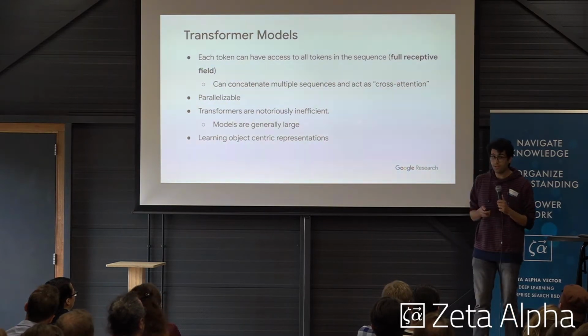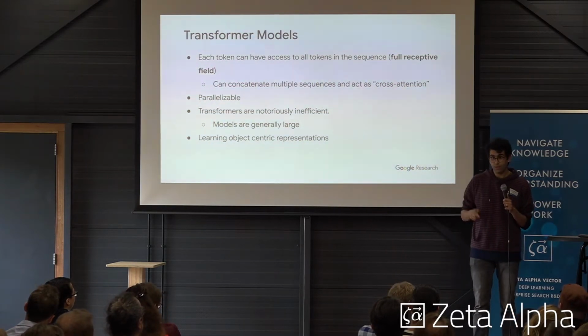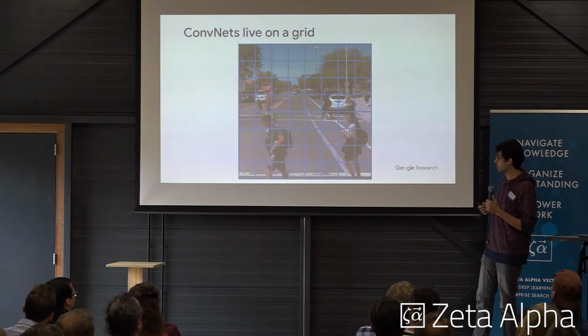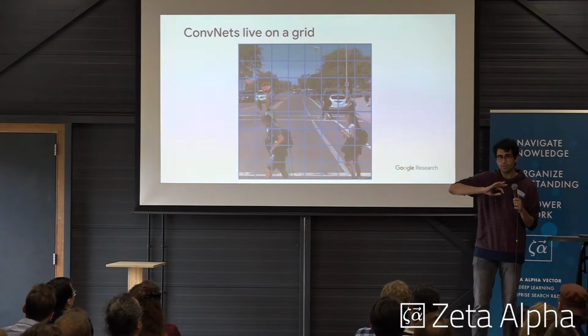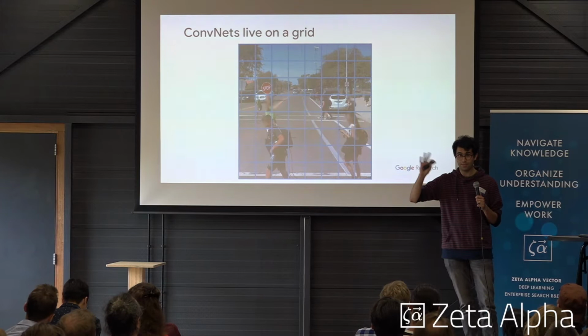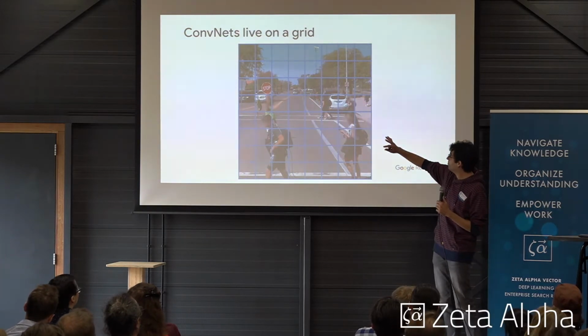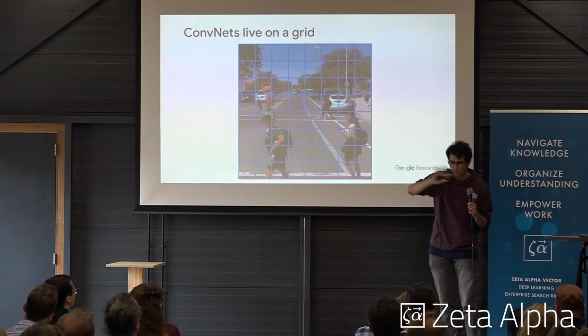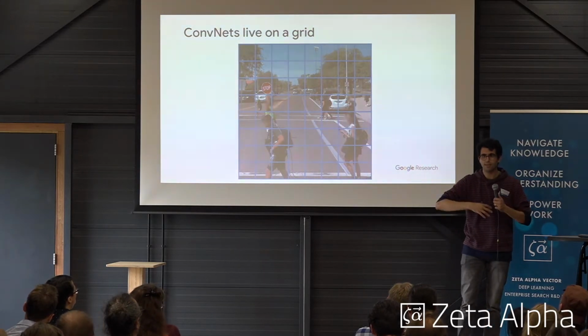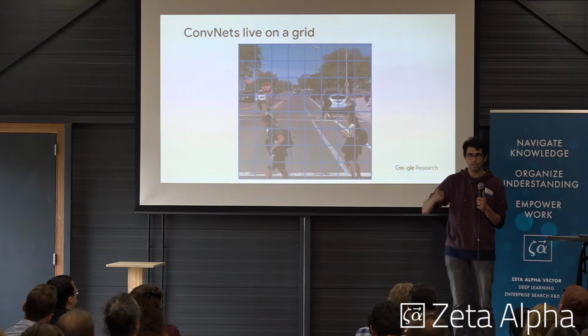Another thing that is a bit vision related is that it gives you the chance to learn object-centric representations. Convolutions process the image as a grid of pixels, right? You slide a window over the image to learn representations of different parts and combine these, and at the end of the day, you output a representation.